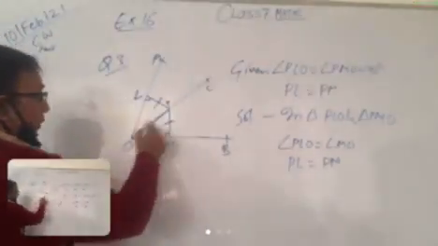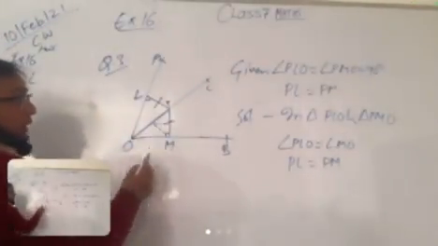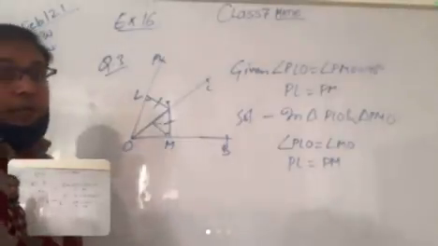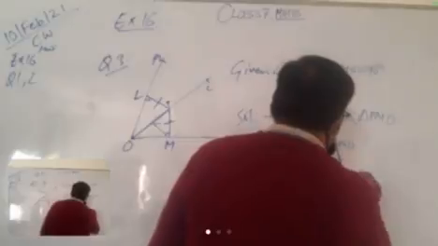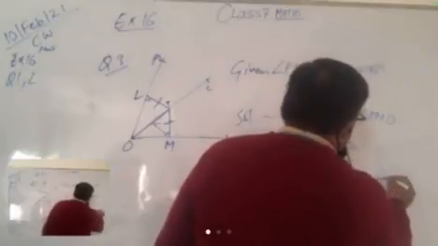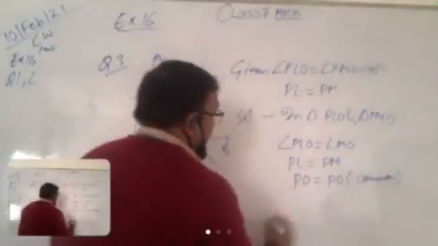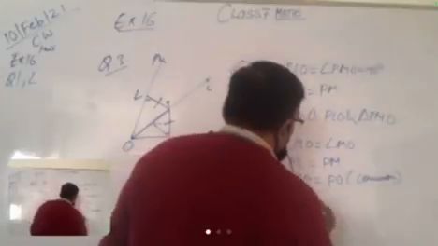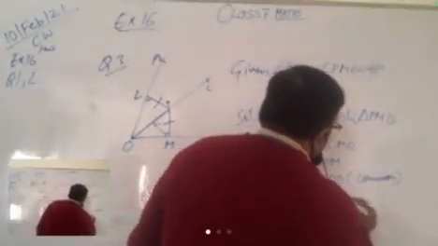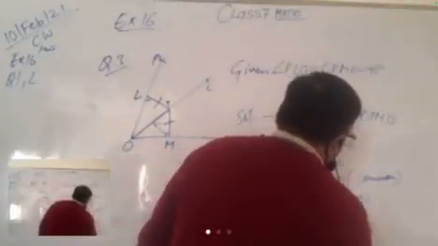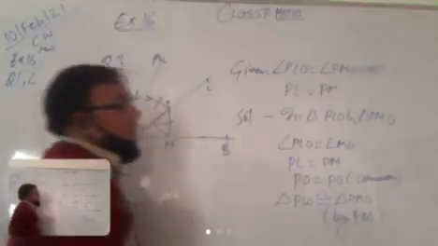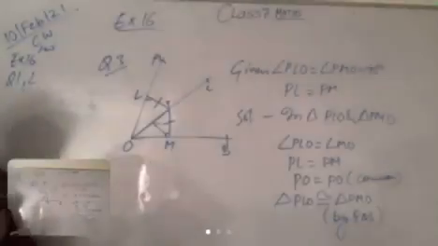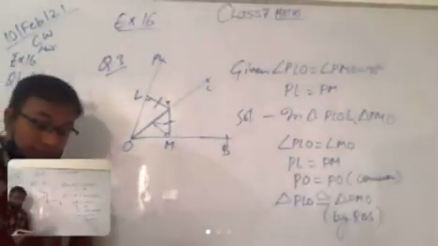See, this PO is opposite to 90 degree, so it is a hypotenuse. So PO is equal to PO. It is common. So the triangle PLO is congruent to triangle PMO by RHS. RHS rule. Clear?